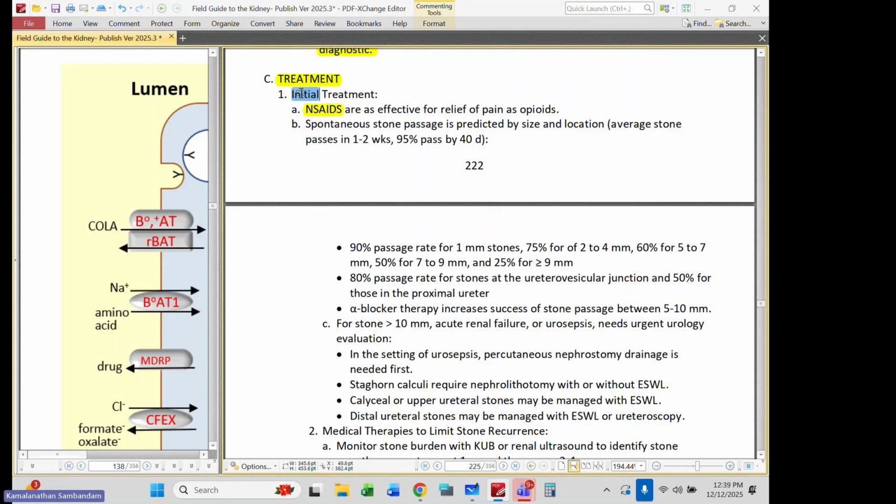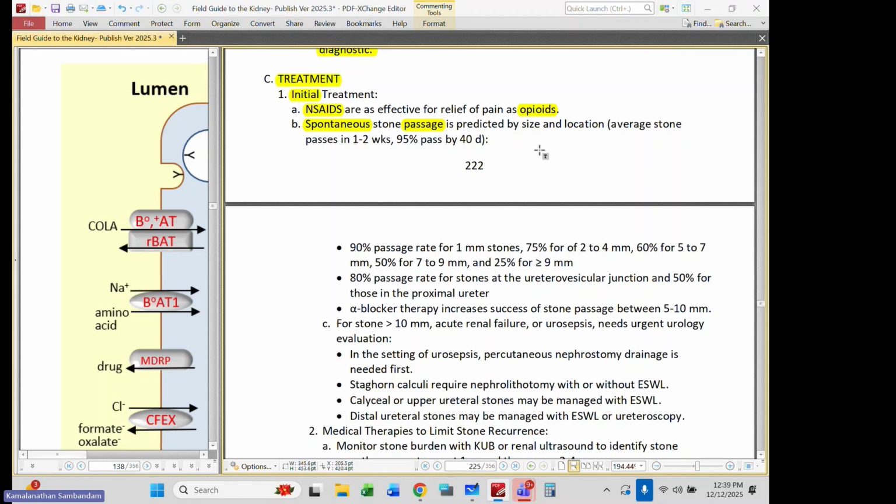I'll say something briefly about the symptomatic renal colic phase. NSAIDs are as effective in randomized controlled trials as opioids without the downsides. Spontaneous stone passage happens in a lot of the patients. It's a function of the size of the stone and its position along the ureter.